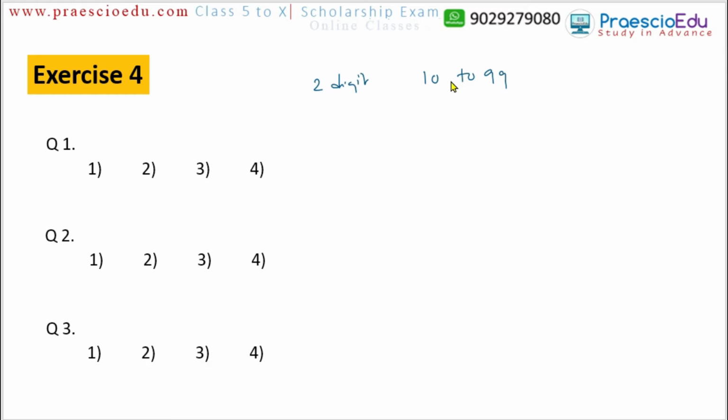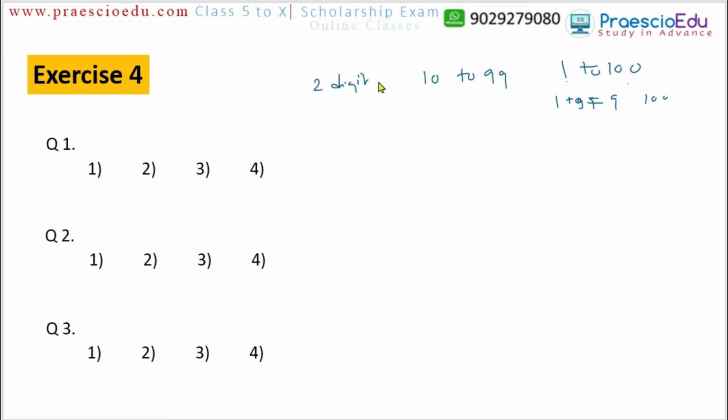Now if you have the number table, in the last video also I showed the 1 to 100 table. Numbers 1 to 9 are 9 numbers, and 100 is one number, means 10 numbers are not two digit. They are either one digit or three digit.